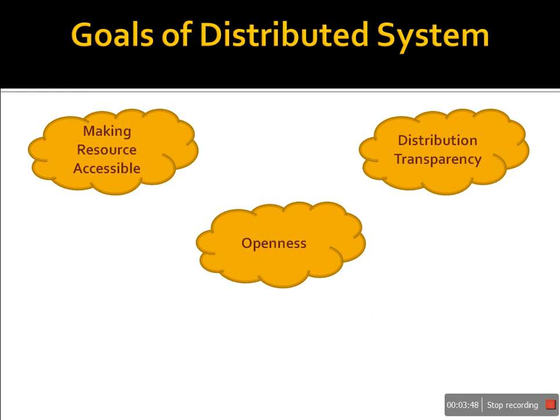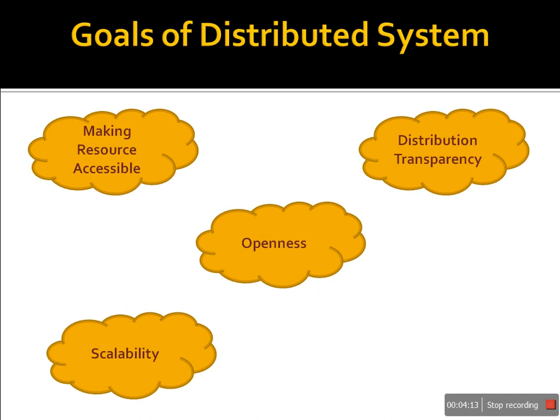Okay, the next goal is scalability. Scalability is one of the most important design goals for developers of distributed systems. Scalability of a system can be measured along at least 3 dimensions. First, a system can be scalable with respect to its size.